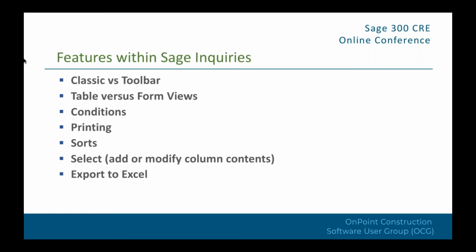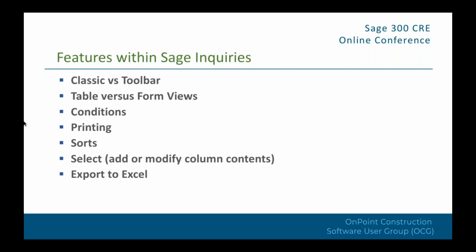Then we can put conditions on an inquiry to filter out the information that it's giving us. Because with those conditions, we can get it down to exactly what we want, and then we can print it. If you're going to be printing it, you don't want to print a lot of items that you don't need. You can change the sort order.